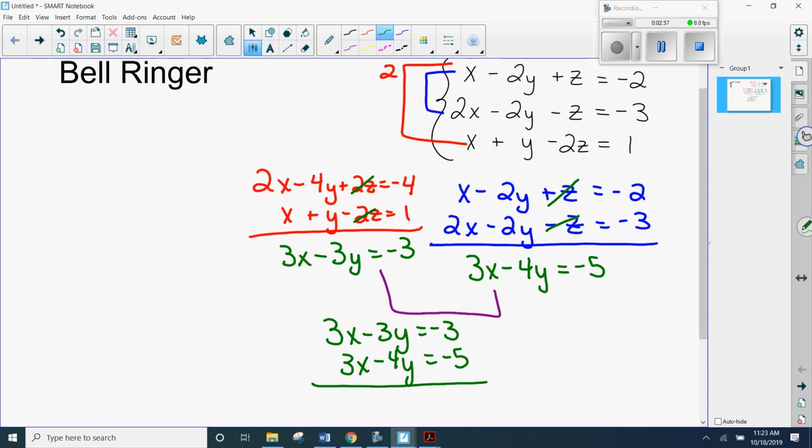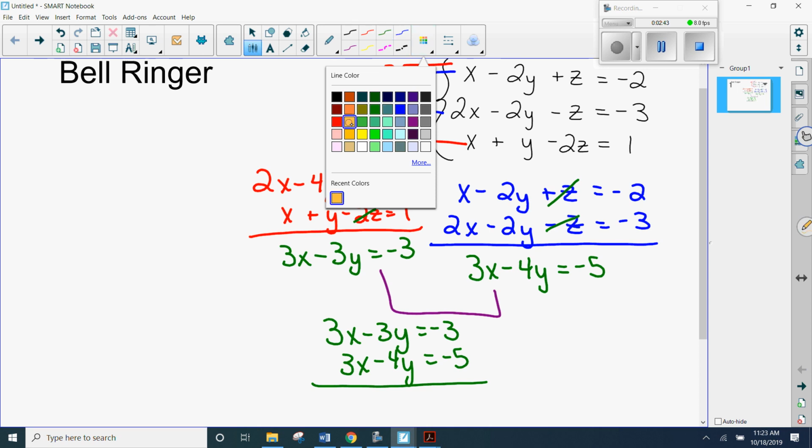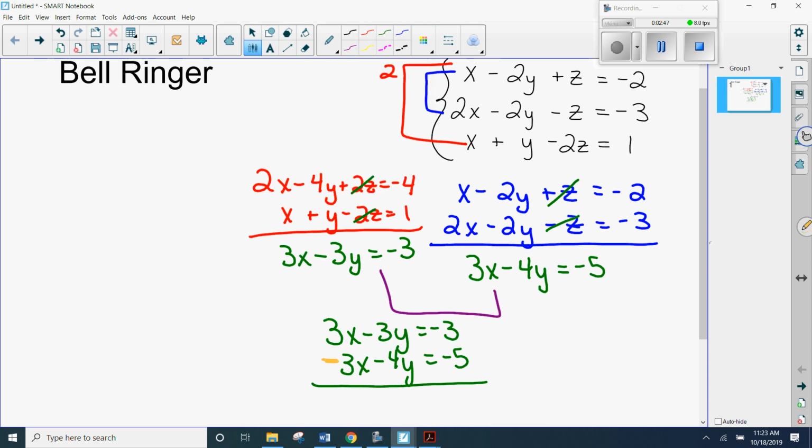So you would do elimination substitution there. How would you perform that? Take the bottom one times -1, so it's going to make this a negative sign. The second term changes to a positive, and the last term changes to a positive. So when you add them together, the x's drop out, and you get y is equal to 2.